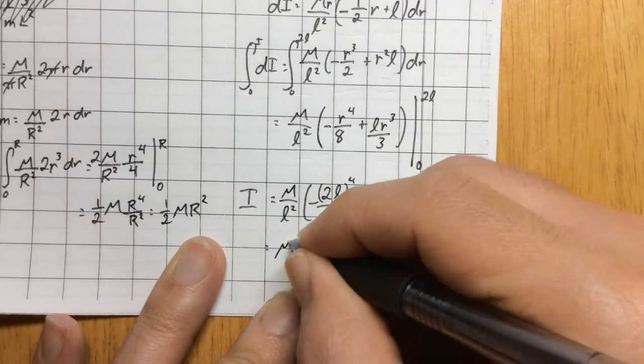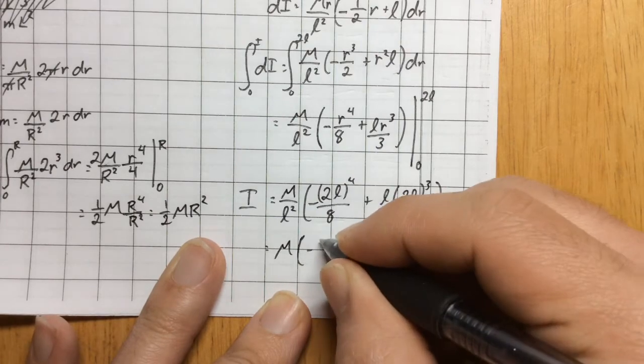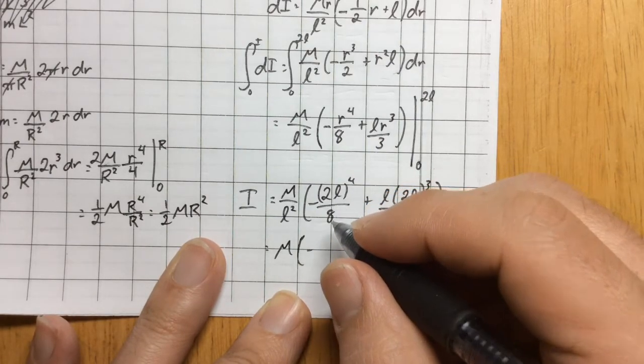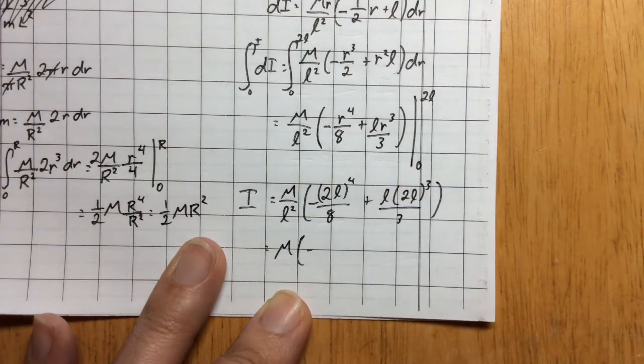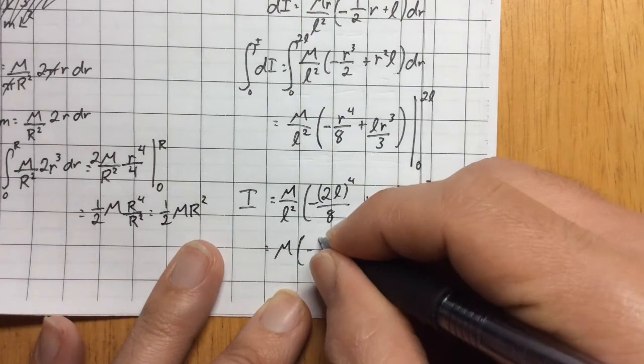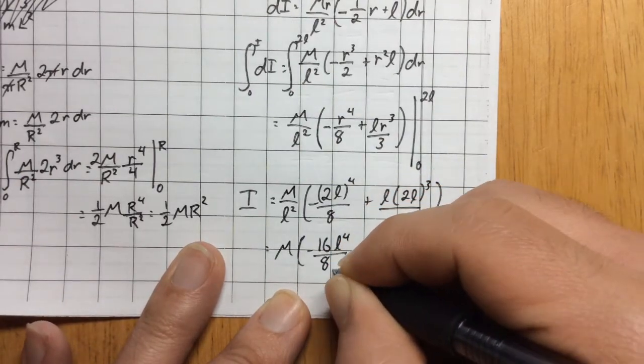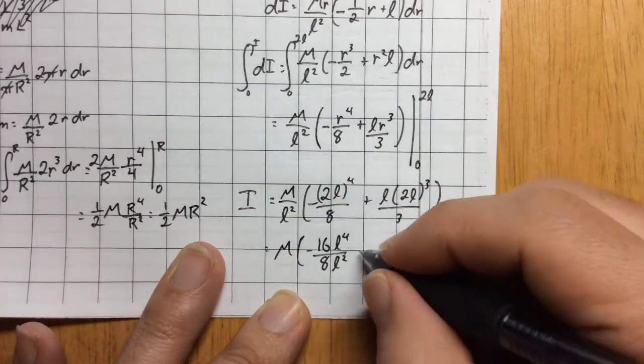I'm going to distribute the L squared through. I'm going to keep the M on the outside. I've got negative 2 to the 4, that's 2 times 2 times 2 times 2, 16. 16 L to the 4 over 8 L squared. That's going through.